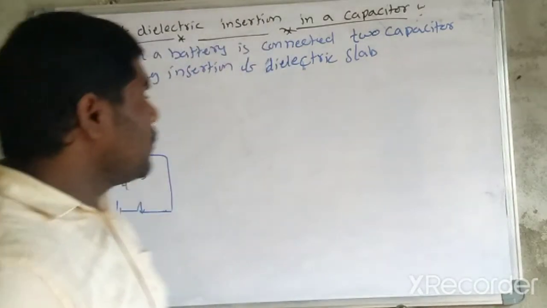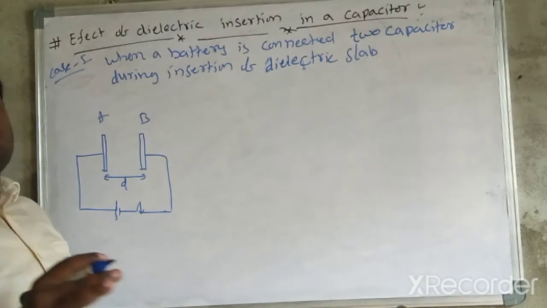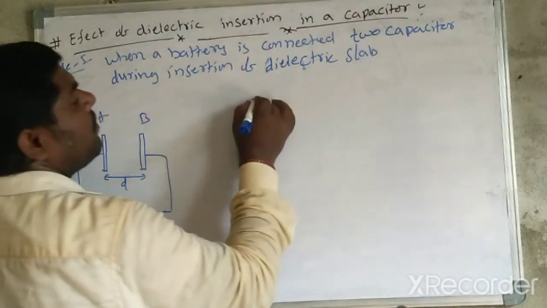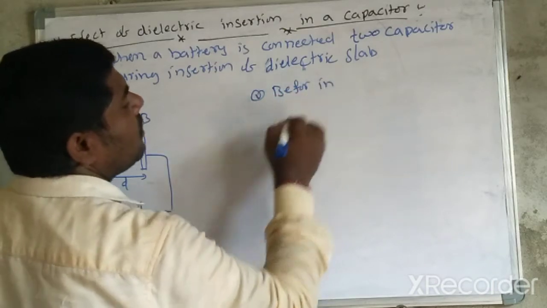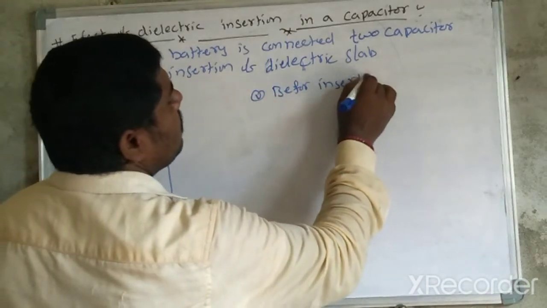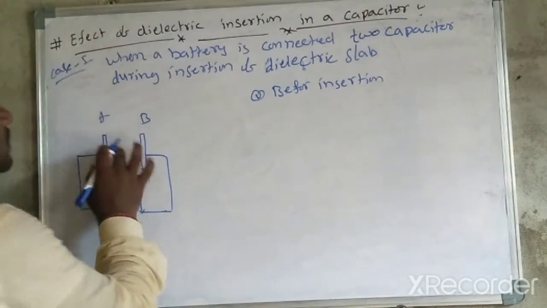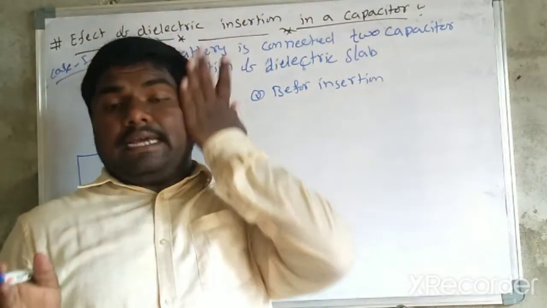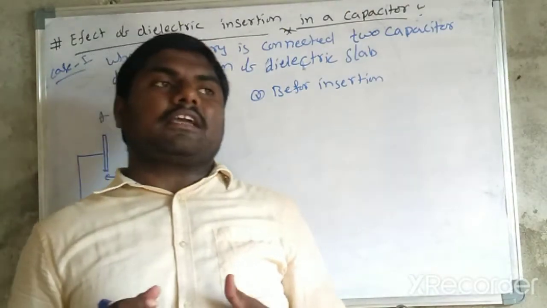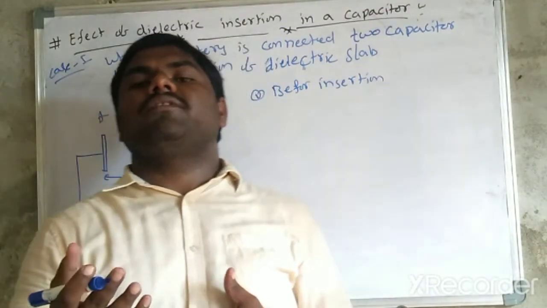Before insertion of the dielectric, there is no dielectric between the two plates. Here the capacitance C is equal to epsilon naught A divided by d.